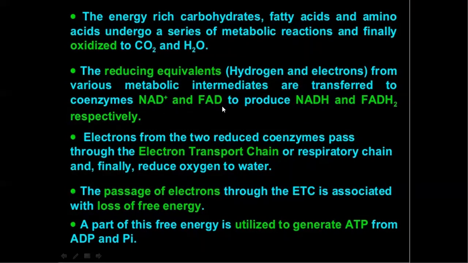These are the coenzymes, forming NADH and FADH. These coenzymes containing hydrogen ions reach the mitochondria and are involved in the electron transport chain, and finally are useful for the formation of ATP.